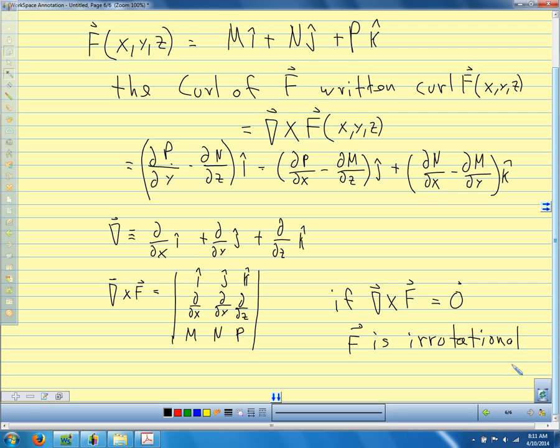We call it irrotational. All right, so what I want to do is do an example of a curl calculation, and then we'll talk about our test for conservative vector fields. Our test for conservative vector fields in space has to do with the curl.